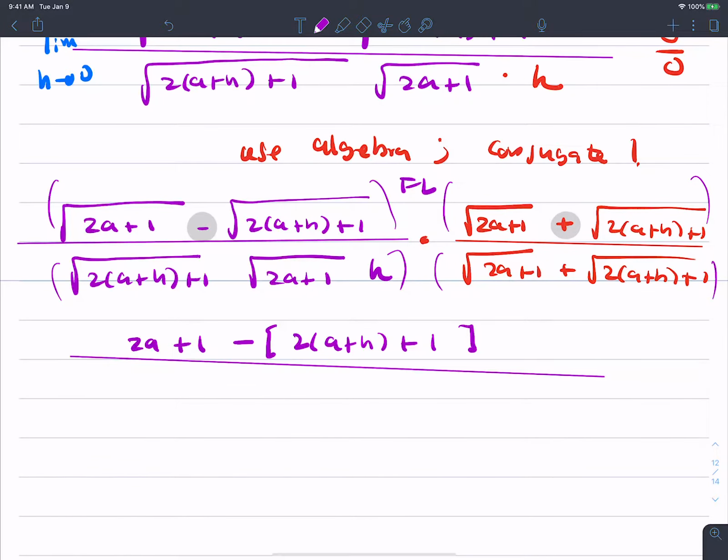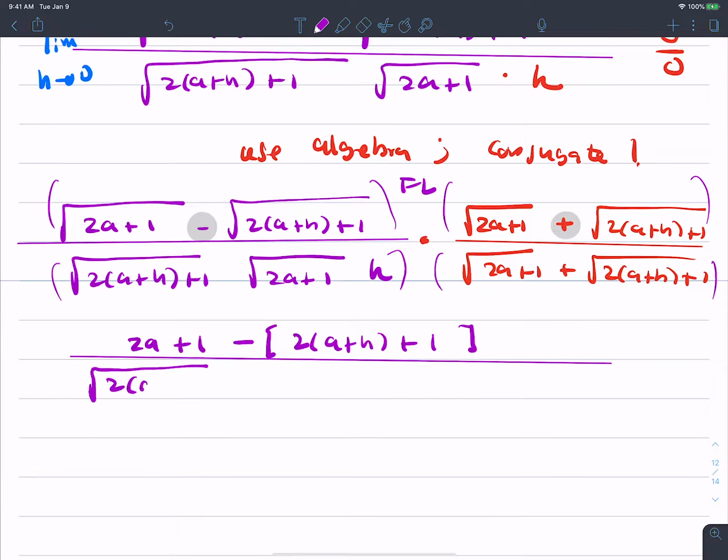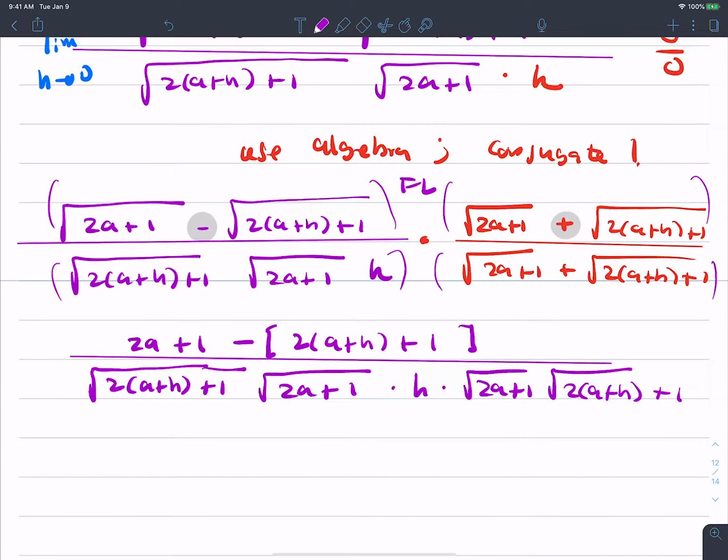And then, ladies and gentlemen, don't multiply the terms here. The denominator is going to be the square root of 2a plus h plus 1, square root of 2a plus 1, times that h, times the square root of 2a plus 1, square root of 2a plus h plus 1.